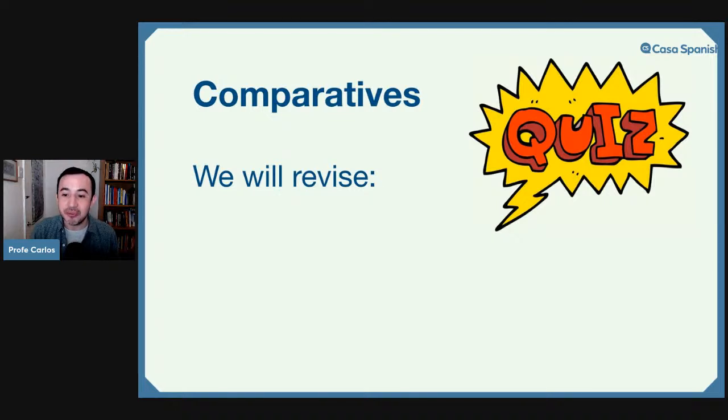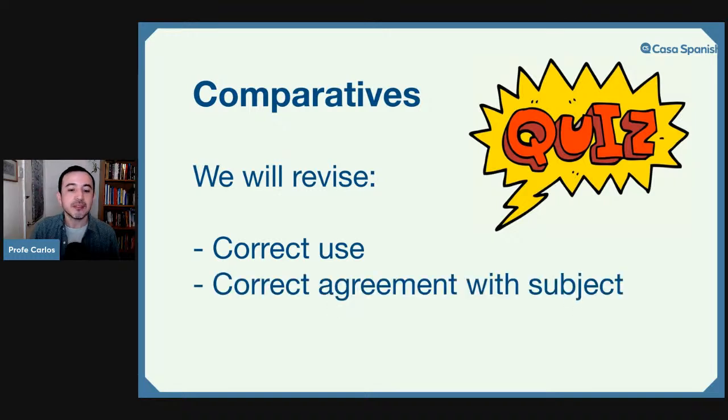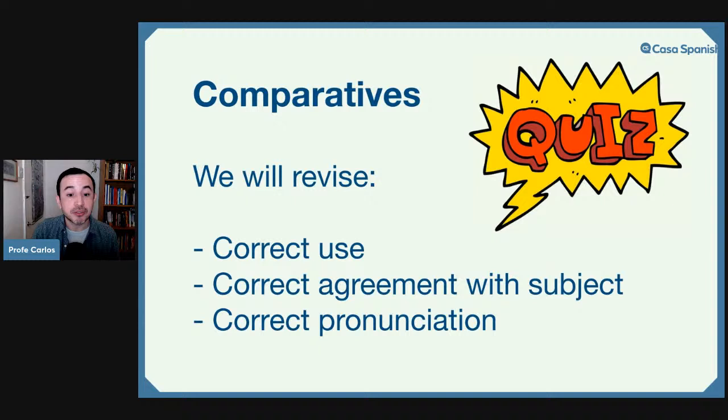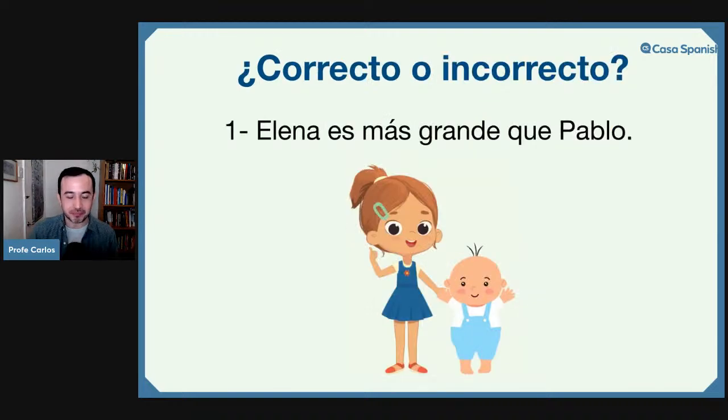And for this quiz, we're gonna revise the correct use of comparatives, the correct agreement with the subject. So I'm highlighting this because this is what is gonna come up a lot during the quiz. And also the correct pronunciation. Okay, let's start with our first question.